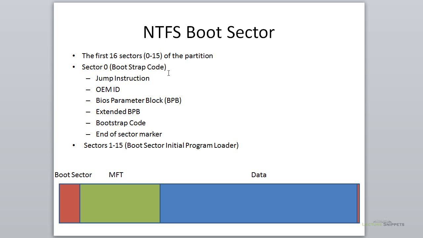We'll find things like the jump instruction or the original equipment manufacturer ID. We'll find this BIOS parameter block, which is going to contain information about how big a sector is and how many sectors will belong to a cluster, and then the physical makeup of the actual disk itself. So we'll find all of this information, which is used for booting up the operating system into RAM, in the very first 16 sectors of our partition.